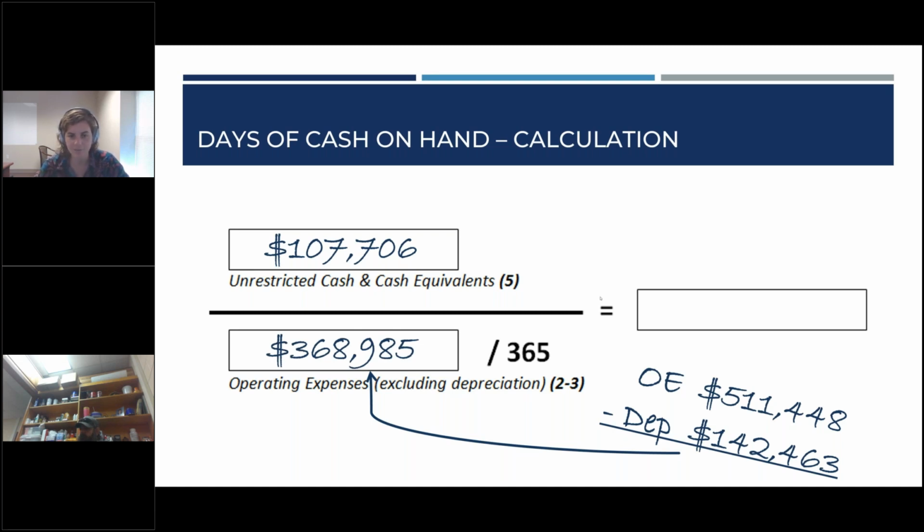We're going to take that value and divide it by 365 so that we can understand how much it costs to run the system each day, right? We know that costs don't balance out every day over the course of the year, but for the purposes of this metric, we're going to assume that it costs the same amount to run the system on October 1st as it does on February 1st.